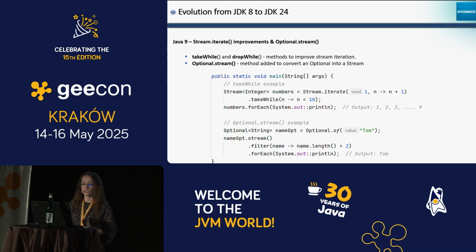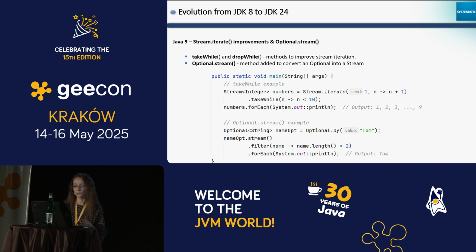And Java 9 actually introduced more than just these two methods, takeWhile and dropWhile. It also introduced Optional stream, which enabled us to convert an Optional into a stream. And this is quite useful because it eliminates the need for us to explicitly check for a value first. And we have here the last example from the slide, the one from the bottom.